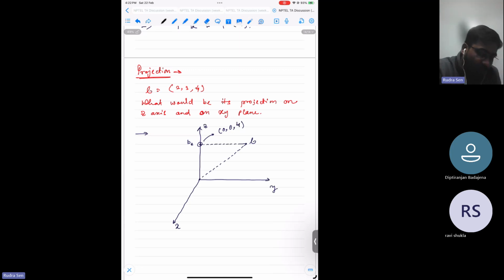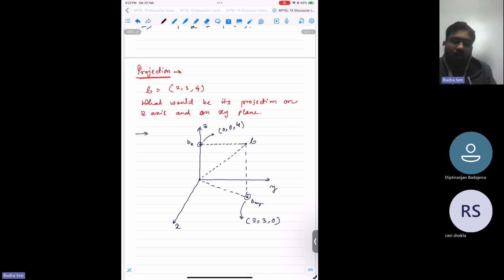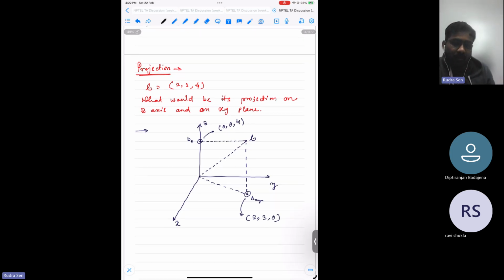Now what will be the projection of the B vector on the XY plane? Let's say this is the XY plane and this is the vector I'm getting, which I'm calling BXY. Its coordinates are 2, 3, 0, because here no Z axis exists.